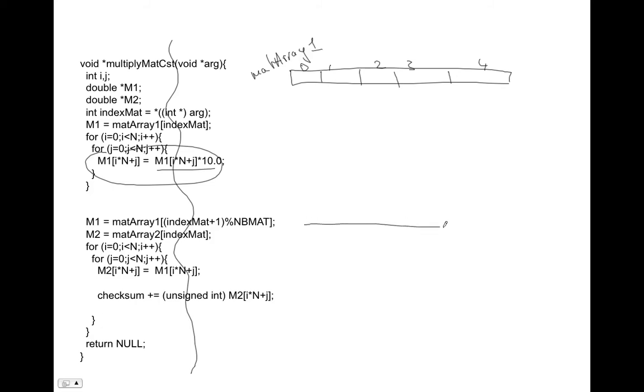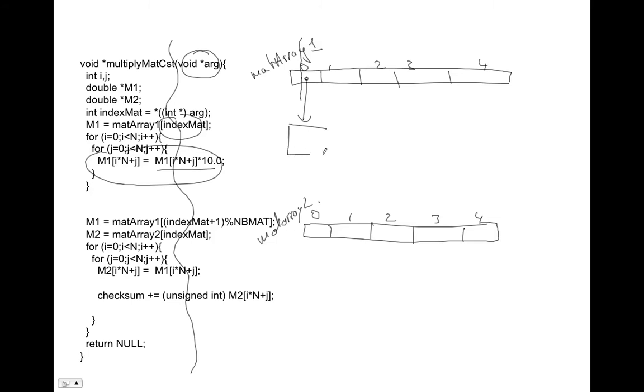And in here, 0, 1, 2, 3, 4, and this is mat array 2. The index in here is what I got as an argument of my thread. So a thread will start to compute in here this element.